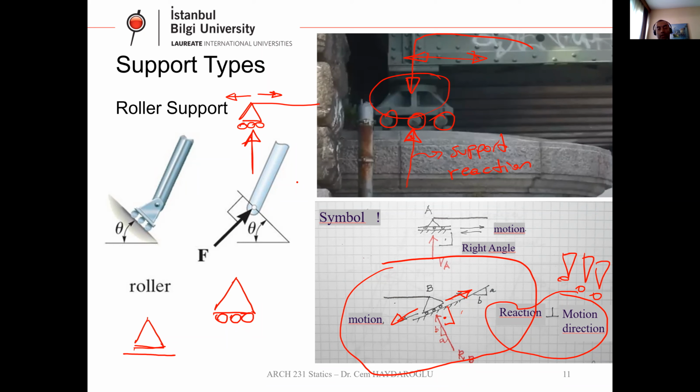One direction is the motion direction. It's free to move right or left, or whichever direction you want, but perpendicular to this motion, we have our vertical reaction. We have to know this one.